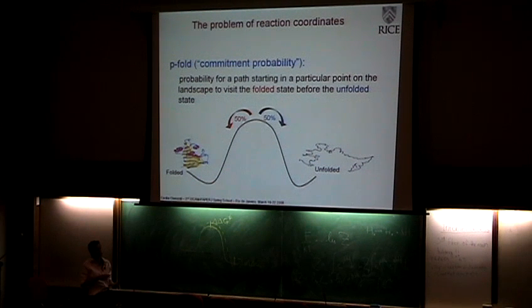You count how many times you go to the folded state or the unfolded state, and when you reach either, you stop. If you are exactly on the top of the barrier, you have a 50-50 probability. So this is the perfect reaction coordinate because it identifies the transition state in a rigorous mathematical way.